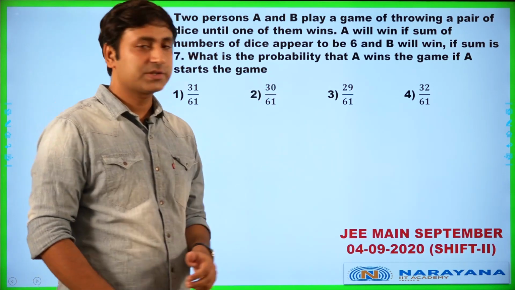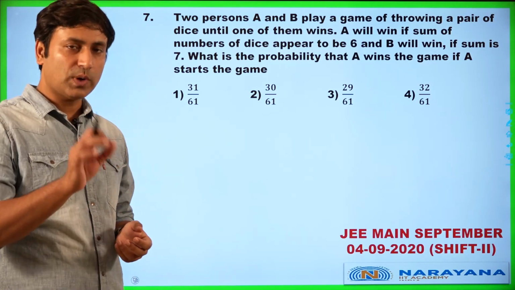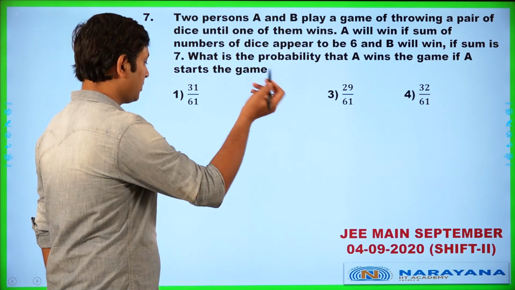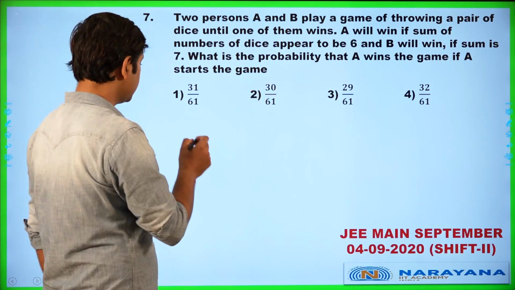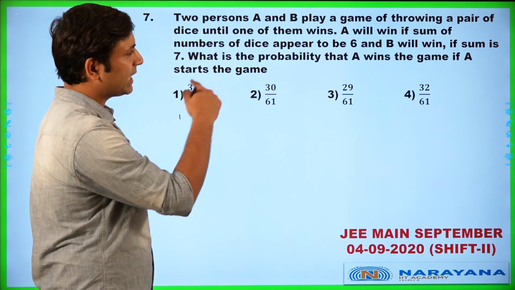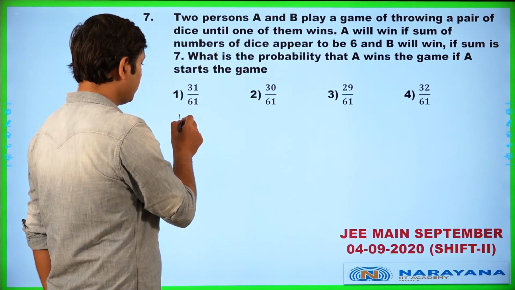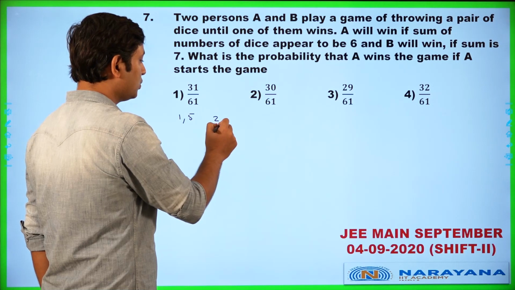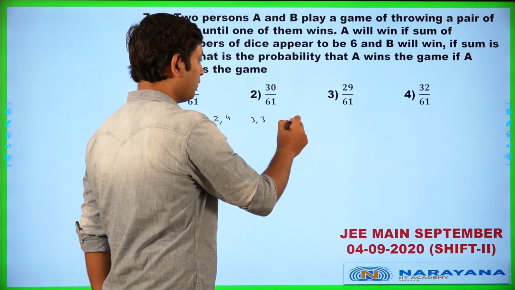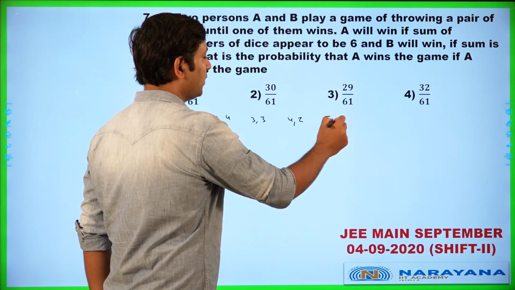A throws first. If A throws first, in one throw, the probability of A winning is the number of ways in which A can win upon the total number of ways. Total number of ways are 36. Number of ways A can win, the total can be 6, is 1,5; 2,4; 3,3; 4,2; and 5,1.